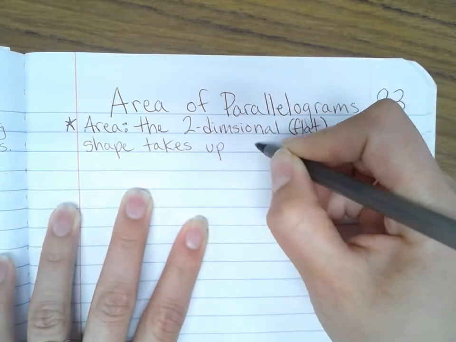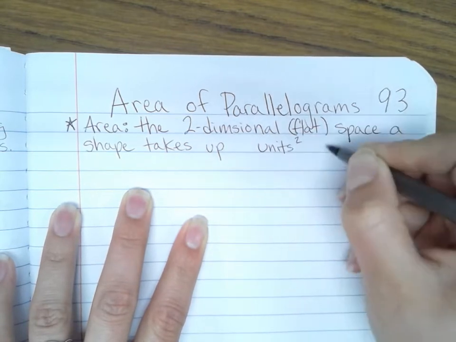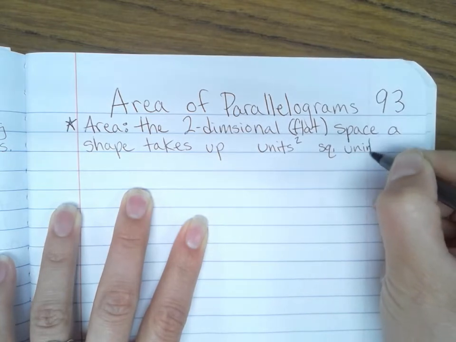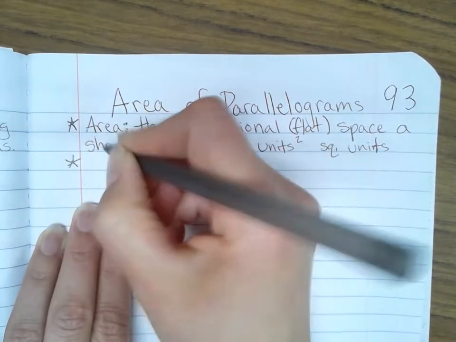Okay, we always write our answers in units squared or square units. Okay, not to be confused with perimeter.